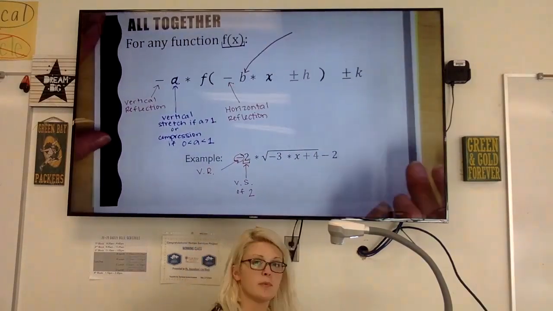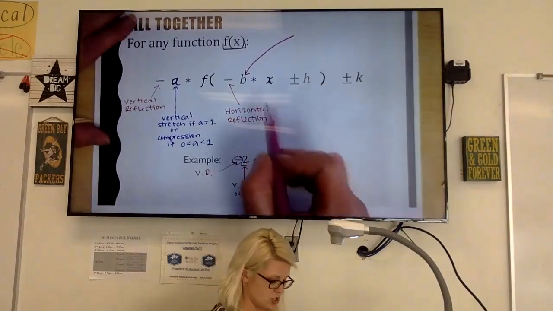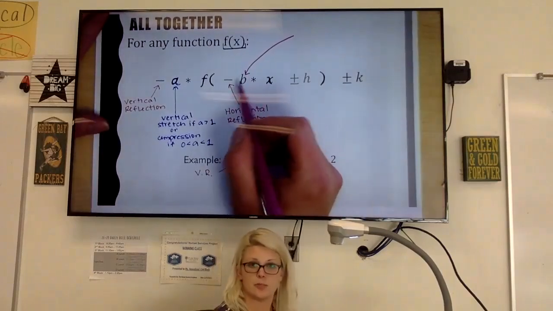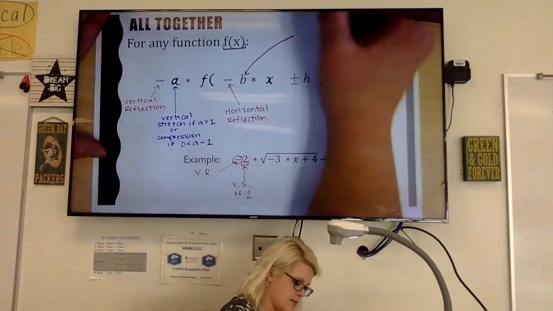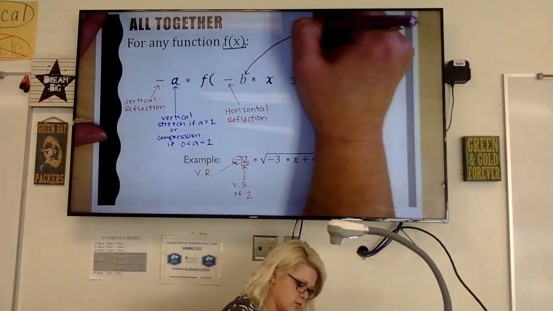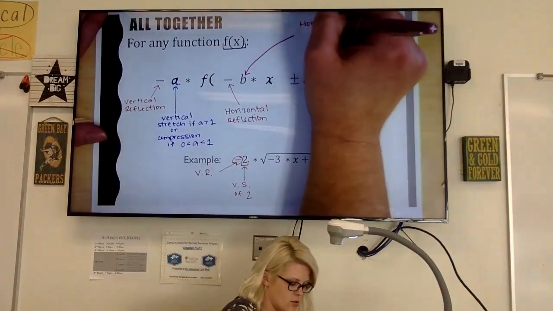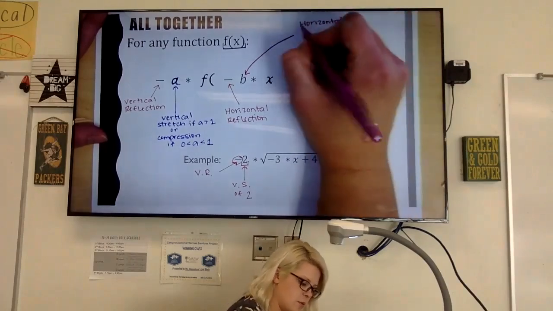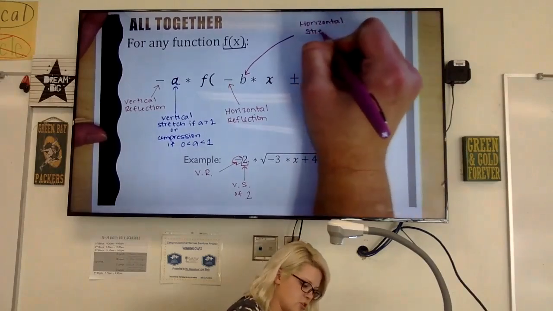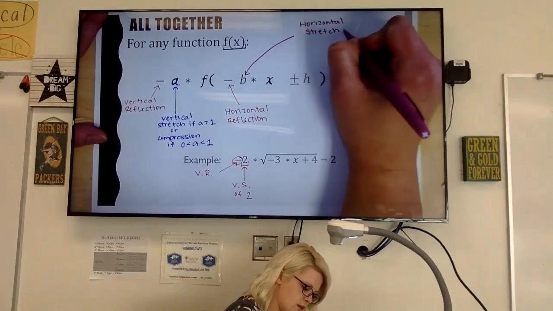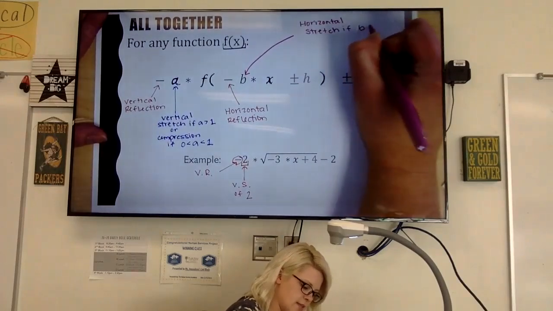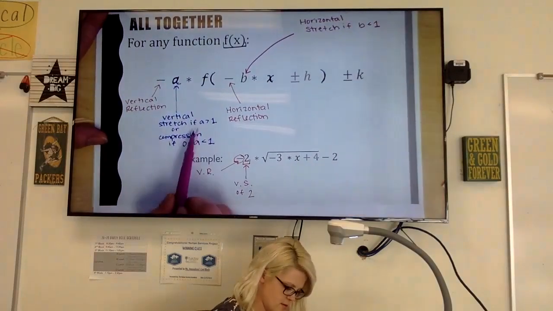That number being multiplied inside the function is still a stretch or compression, but since it's inside the function, it's horizontal. And we would say stretch if your B value is less than 1, opposite.